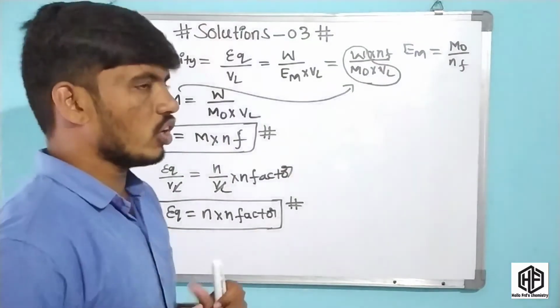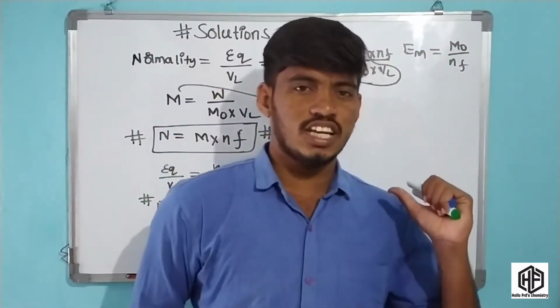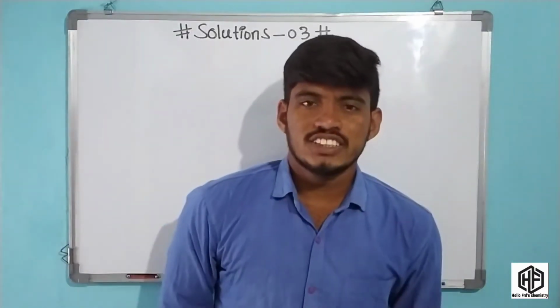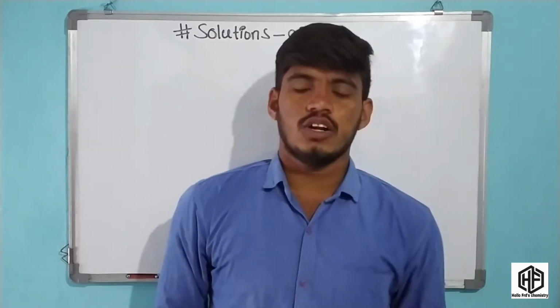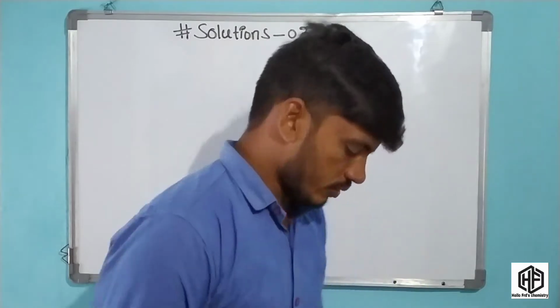Now in this video I am going to discuss the temperature independent terms. Now let's start this section. Friends, the temperature independent terms. The first one is the percentage of weight by weight.